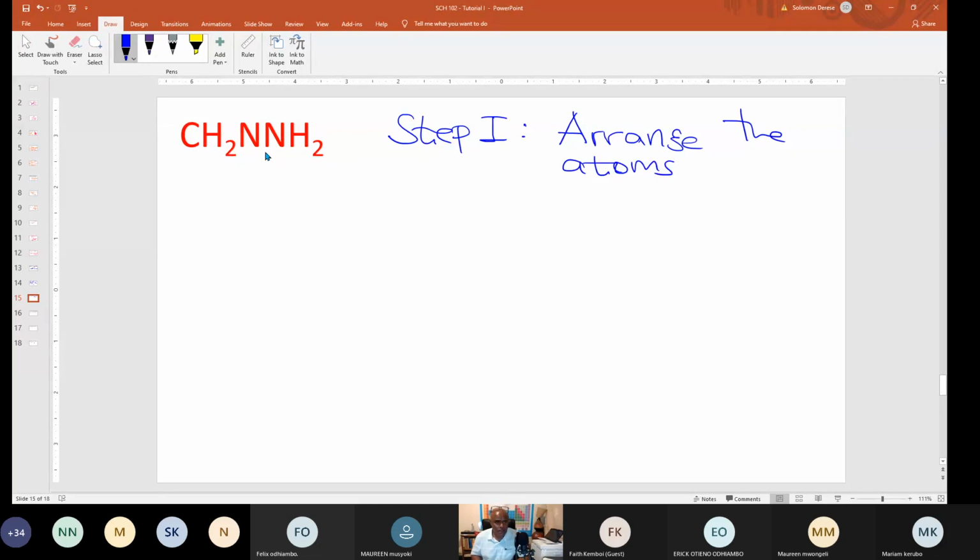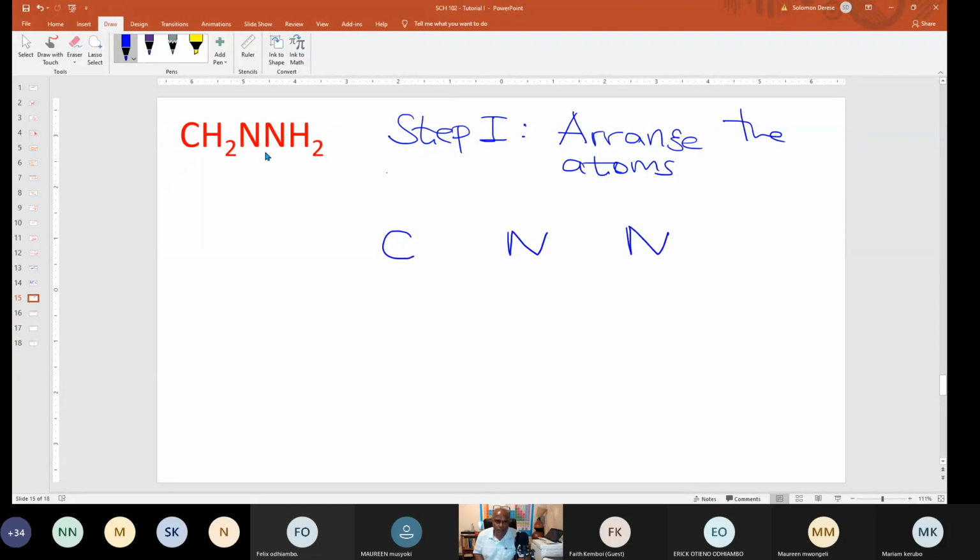And now we have the hydrogens on the outside. So in this particular case, we have CH2, N, and then NH2. Even the way they are arranged, it is almost indicated. So we have a carbon, a nitrogen, and then another nitrogen.